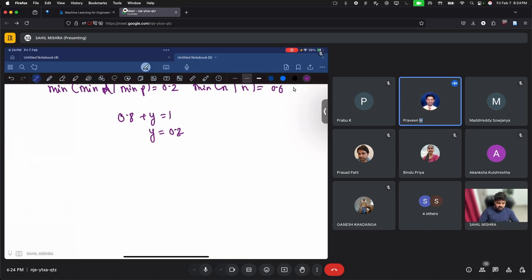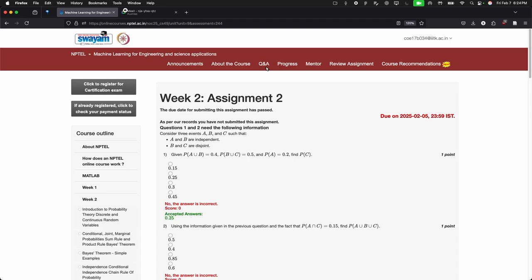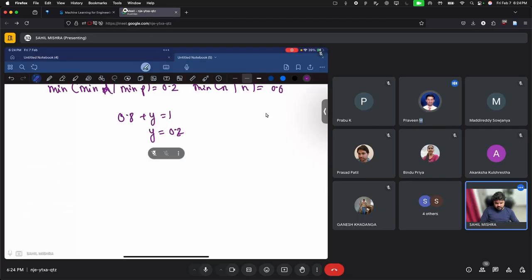Yes, the solutions might be provided by professors because last year they were provided. So just wait for a week or two. They will be giving it. Or you can raise a query in the announcement section, or here in the Q&A on the NPTEL SWAYAM portal, and the professors might provide it.